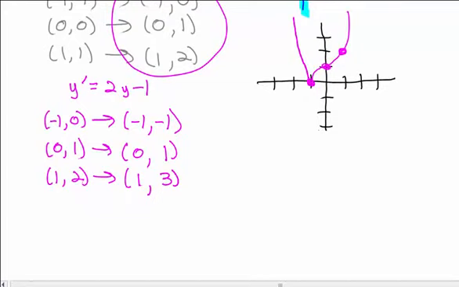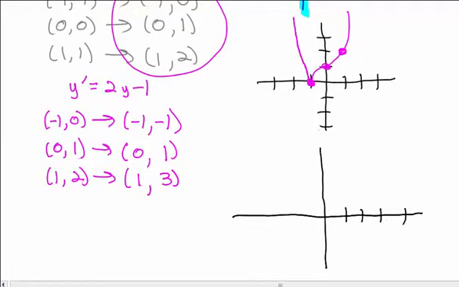So now we've got our new key points, and the graph above is going to be our guide for the shape around the key points. So the key points are negative 1, negative 1, 0, 1. Again, not sure why my axis likes to disappear. And 1, 3.